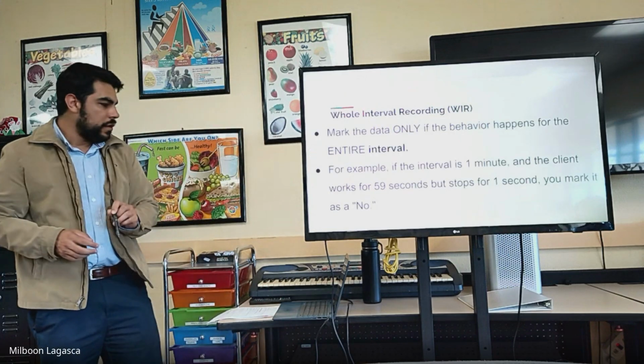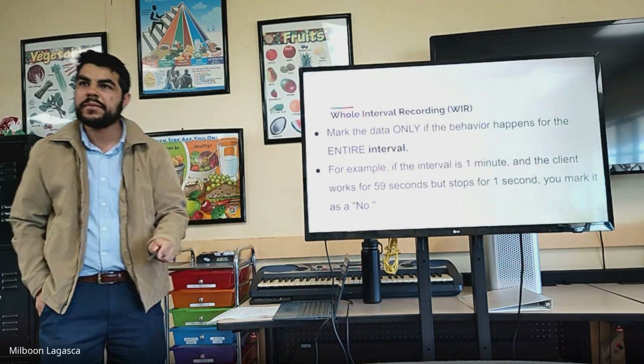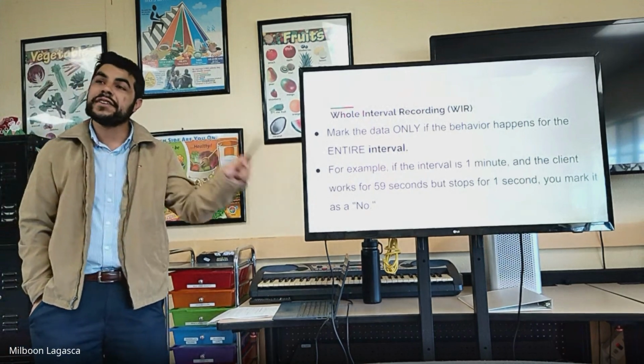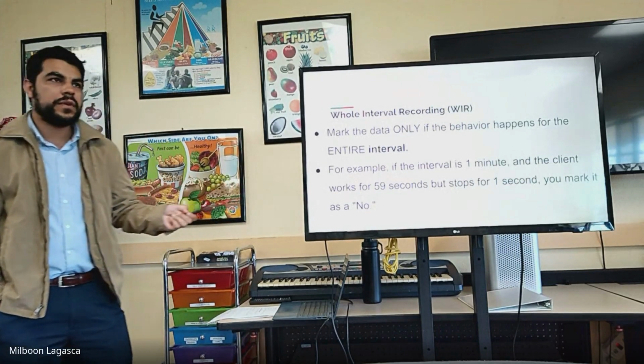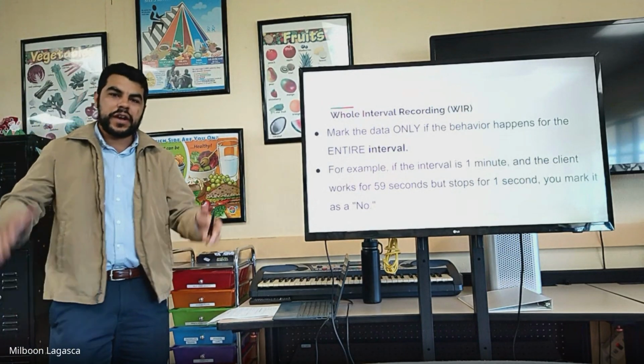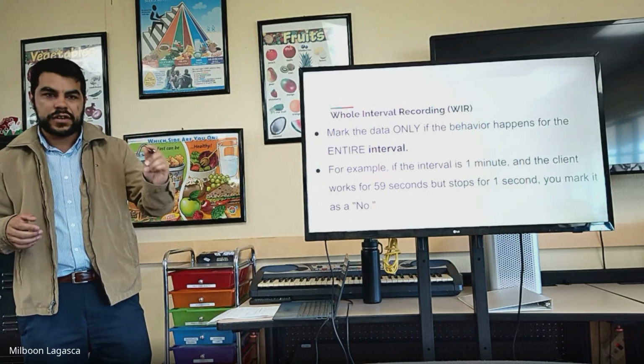Okay, with whole interval, we only record if the behavior happens for the entire interval. So using the example of the child walking, if he's walking for the entire 10 seconds, then we would count that as an occurrence.